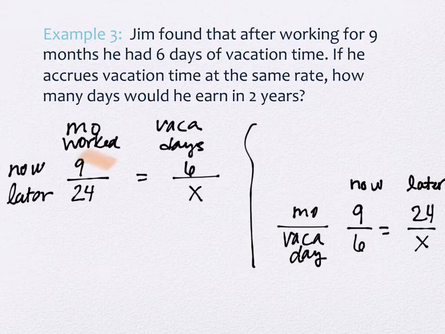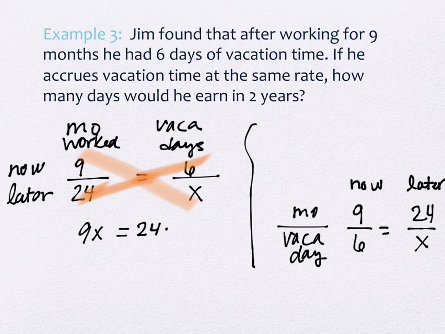So once we've done that, we'll be able to cross multiply. So I have 9x on the top down diagonal, and from the bottom up diagonal, I have 24 times 6. So what is 24 times 6? It is 144.